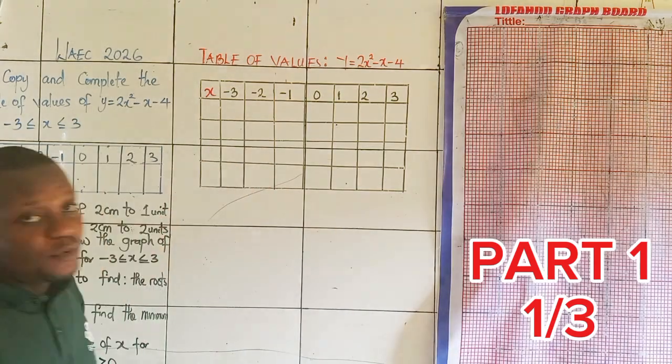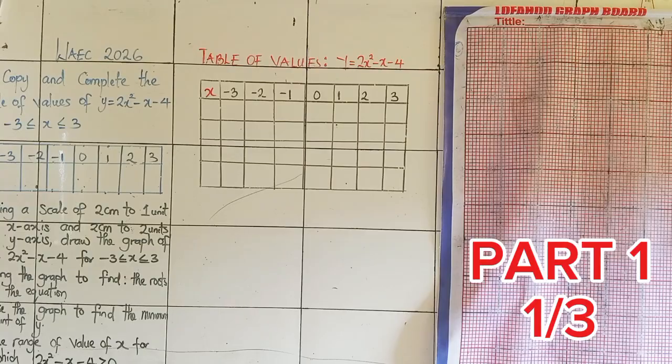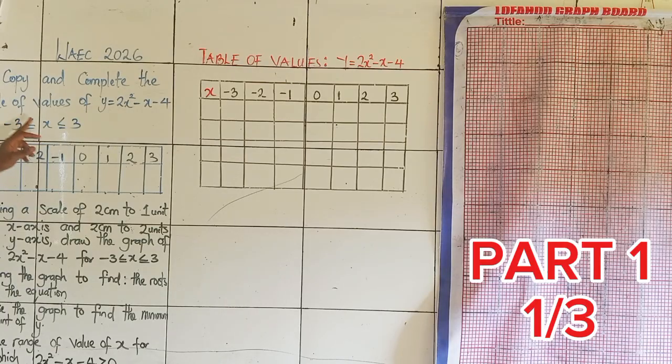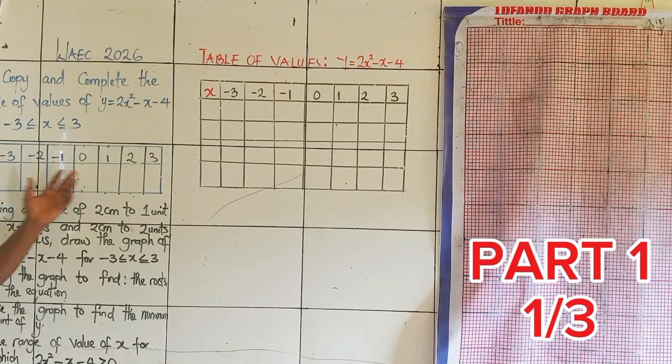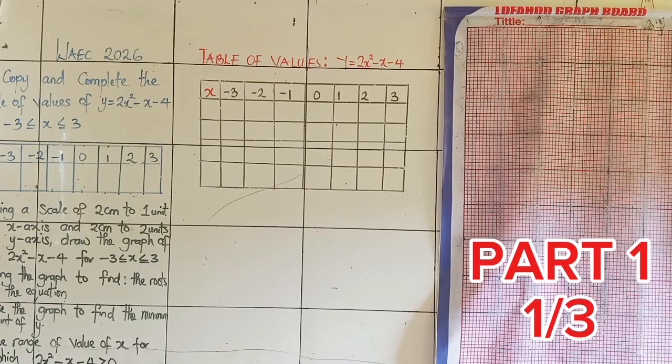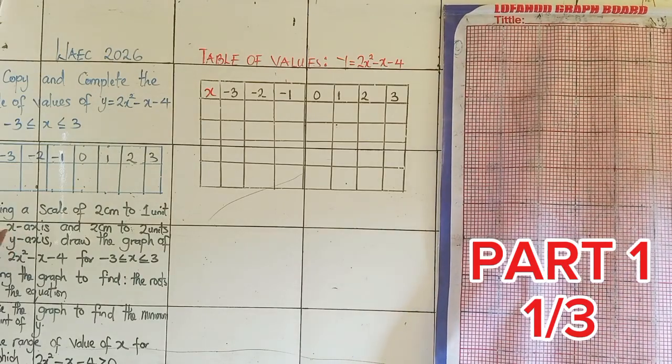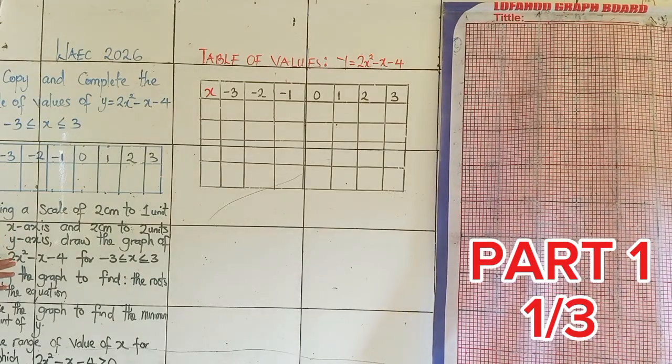So the question I have here with me today says, copy and complete the table of values of this relation, and the value of x is a range between -3 and 3. They've given us the table, so we're asked to copy and complete this table. They also gave us some preambles that will help us to plot it properly.